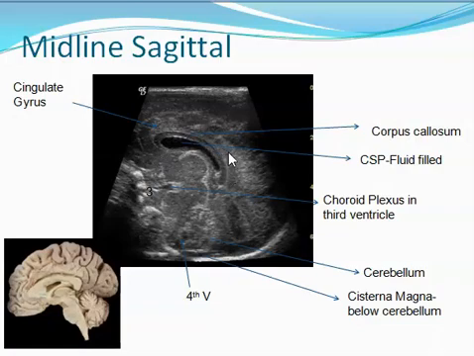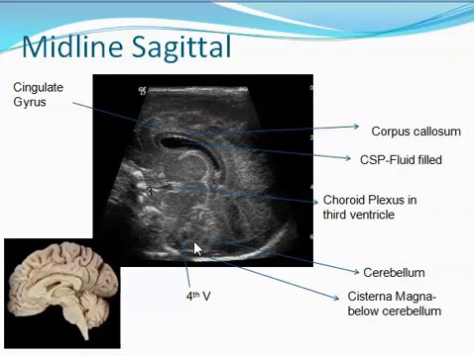If you come down over here, you will see the cerebellum, and right in front of the cerebellum is a small anechoic area. This is the area of the fourth ventricle. Over here there's another small anechoic area. This is the third ventricle, and there's a small echogenic area, which is the choroid plexus in the third ventricle.